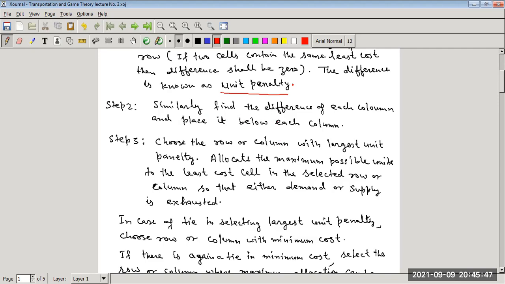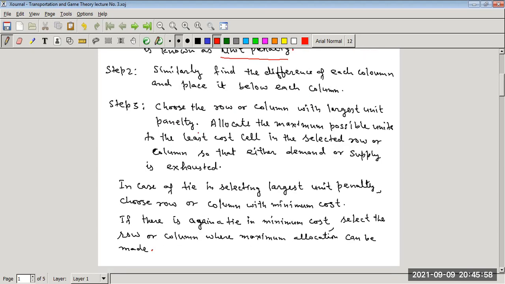Similarly, we find the difference of each column and then place it below each column. Step number 3. Choose the row or column with the largest unit penalty. The row or column in which we get the maximum penalty, we choose that particular row or column.